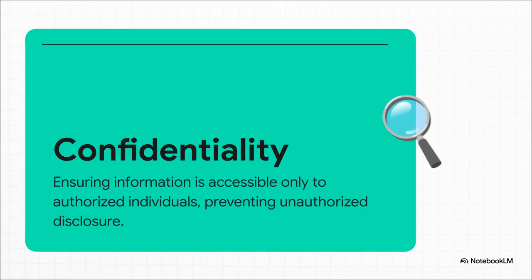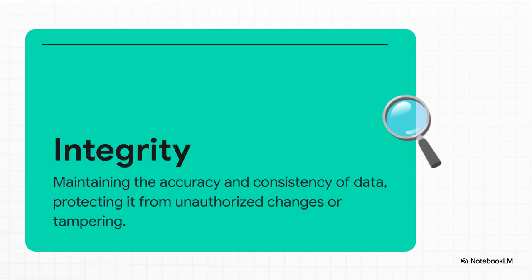So let's break that down. First up, confidentiality. This is all about privacy and secrecy. It's the simple promise that your personal info, your private messages, your bank details can only be seen by the people who are supposed to see it. Basically, it's what stops your data from getting stolen. Next, we've got integrity. And integrity is all about one thing, trust. It's making sure that data is accurate and hasn't been messed with or secretly changed.